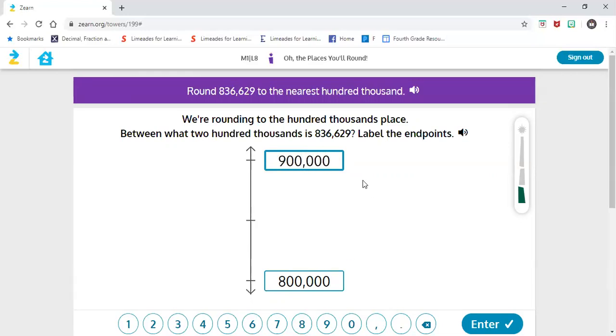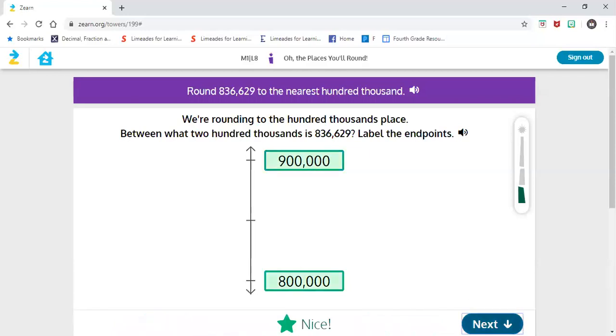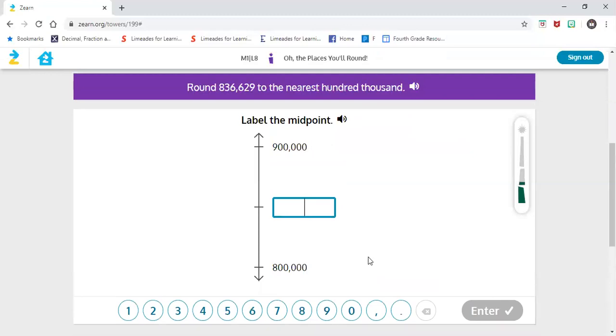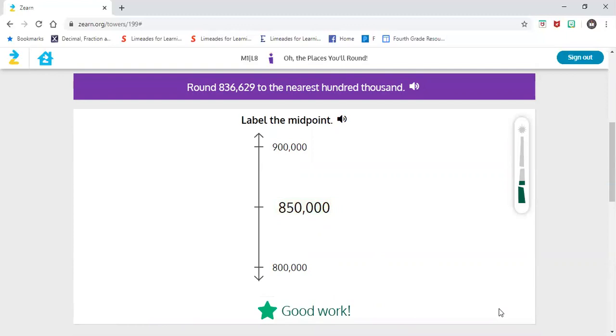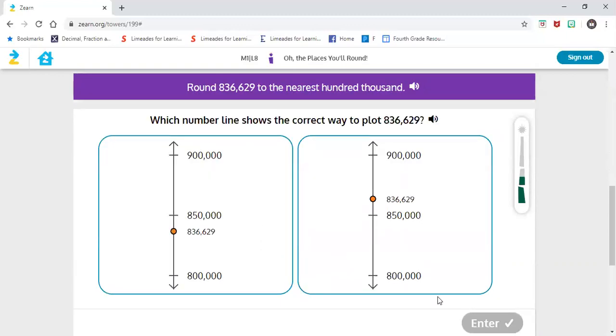So those are my only two choices for answers when I'm rounding. 800,000, 900,000. Okay? So I'm going to label my midpoint. What's the midpoint between 800 and 900? 850 thousand. Now I'm going to plot my 836,629.